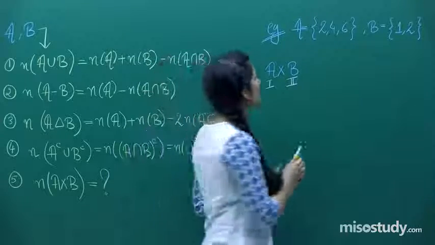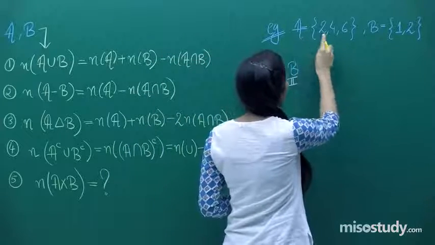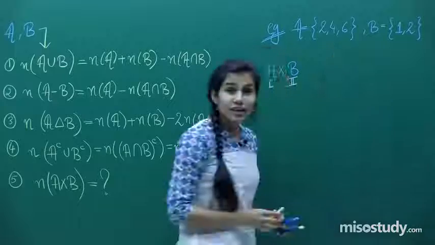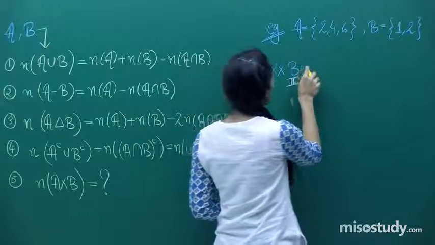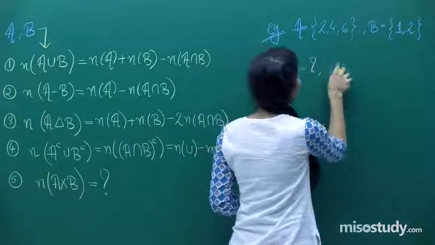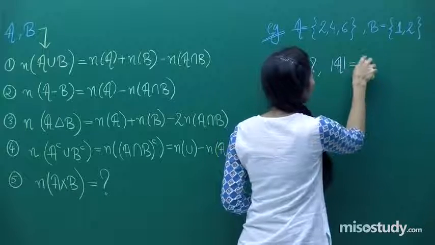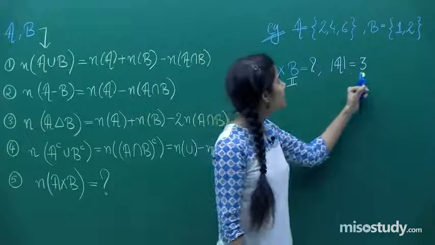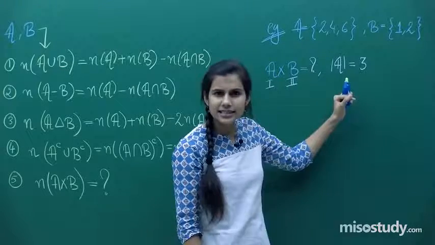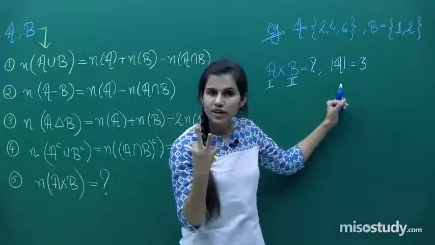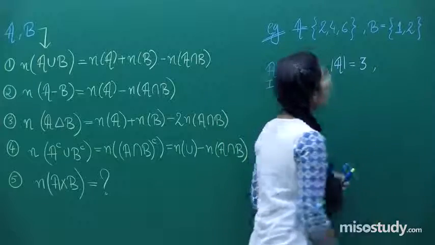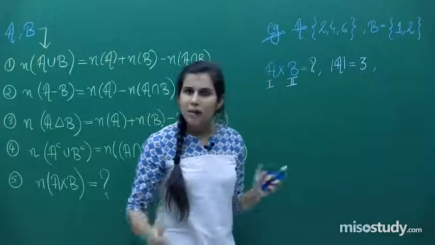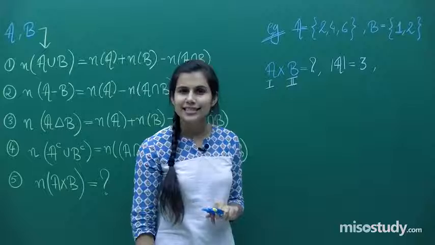Let's check out. A is having 1, 2, 3 members, okay? My cardinality of A is 3. This is how we wrote it. Cardinal number associated to the finite set A is 3. After that, going on to set B, how many members do you think are sitting inside set B?